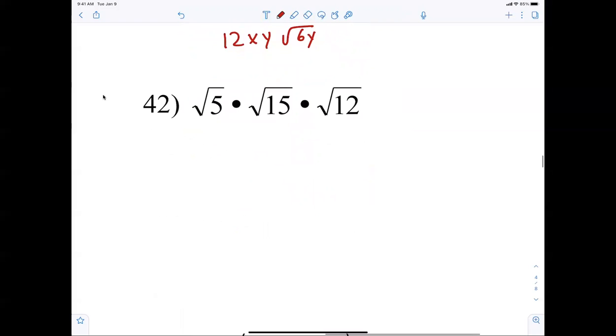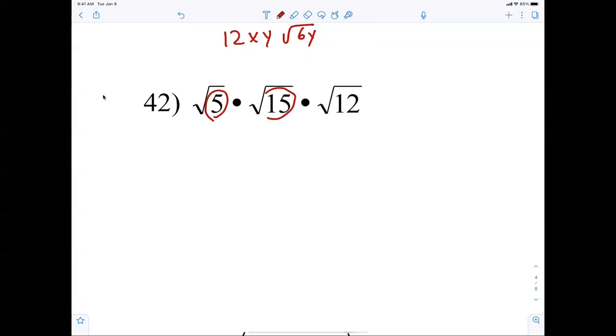All right, here we go. Now let's take a look at 42. The first thing I want everybody to recognize: is there a 5 in 5 and 15? So what is that? 5, and then there's a radical 3 left over here. Does everybody agree? Now, does everybody see 12 can be 3 times 4?